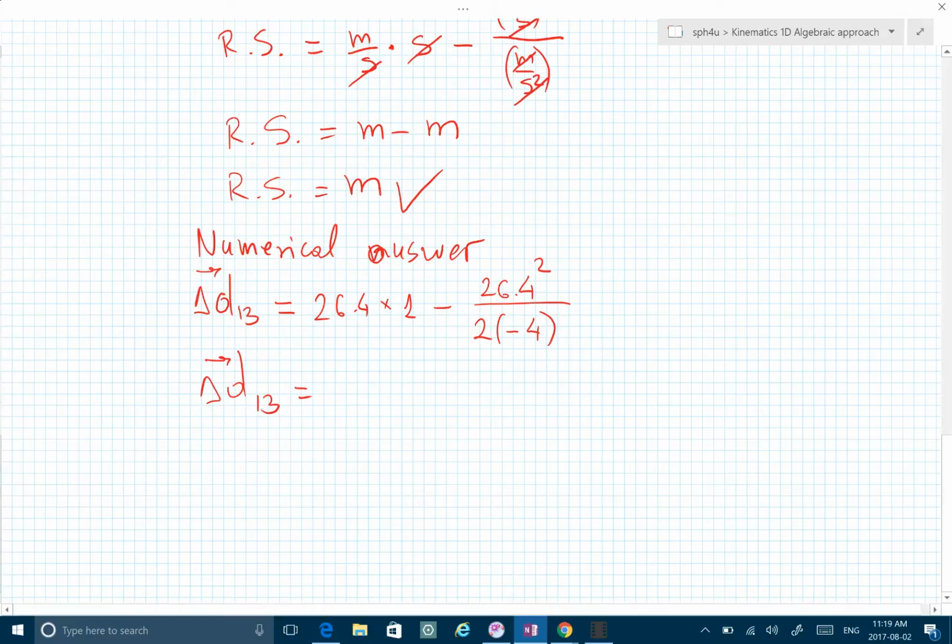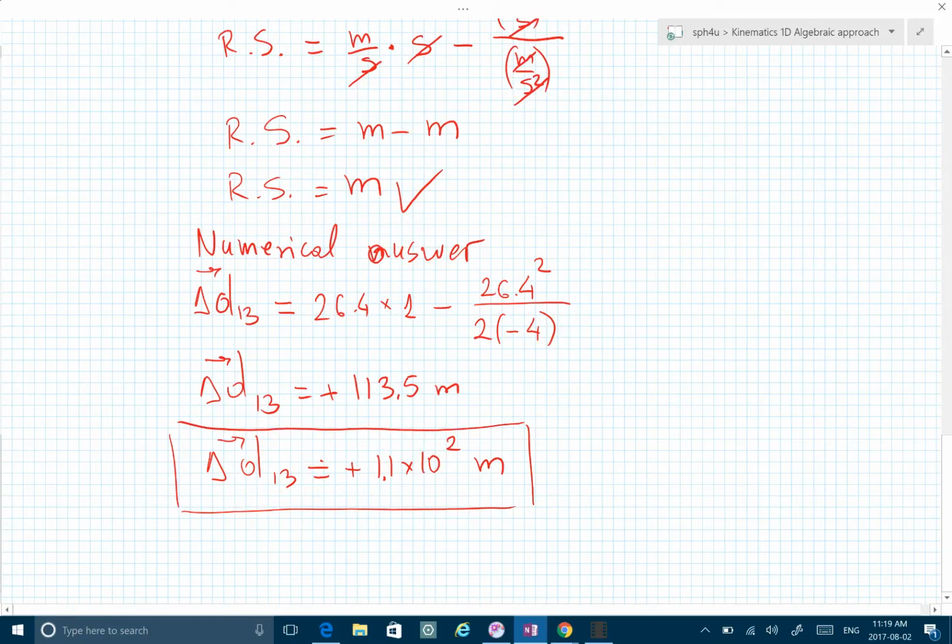So I have 26.4 squared divided by 8, and then I have to add 26.4. I get 113.5 meters, since I have to report two significant digits. Delta d from 1 to 3 is roughly positive 100 or 1.1 times 10 to the power of 2 meters, so 110 meters, right, with two significant digits.